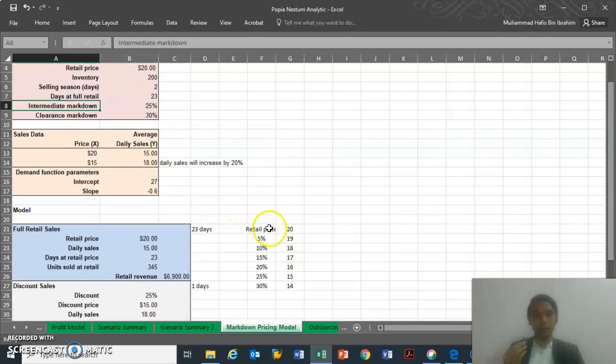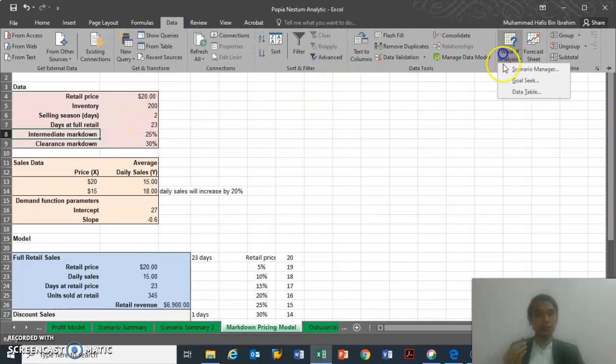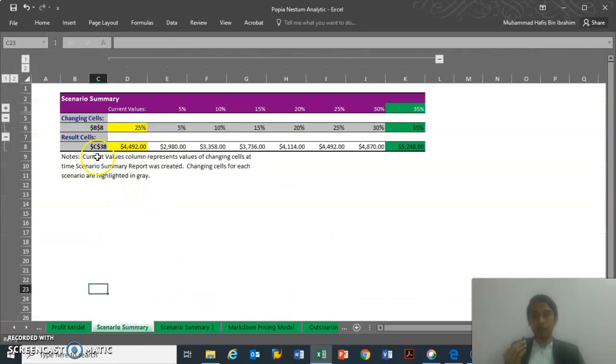I have tested it using what-if analysis scenario manager, and in my scenario summary I have to change my discount rate from 25 to 35% because if you can see here, my profit at 35% is at the top, which is 5,248 ringgit. So I choose to change my discount rate to 35%.